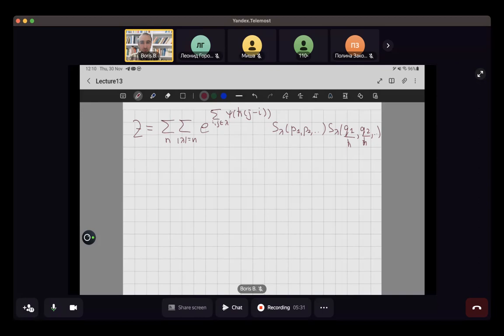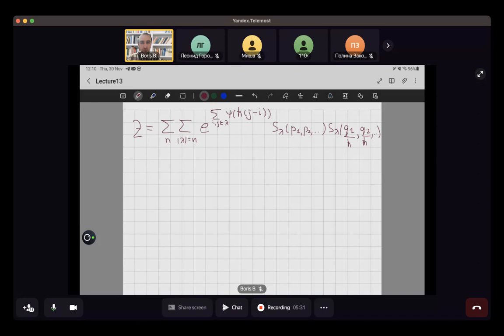Maybe you heard something about this boson-fermion correspondence again, and I'm skipping now a big part of this picture from the fermionic point of view.